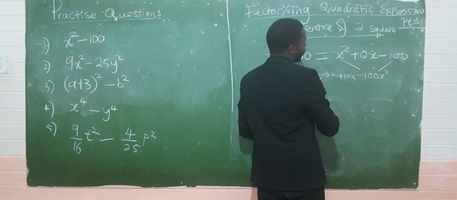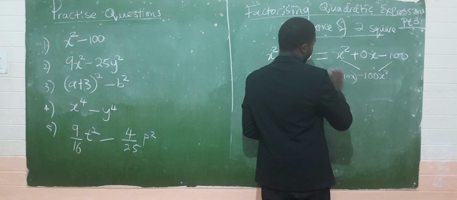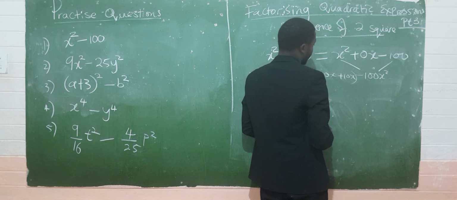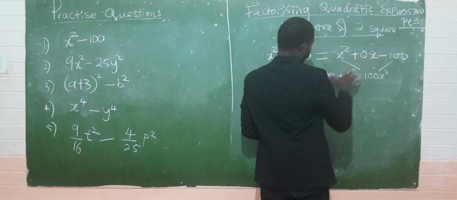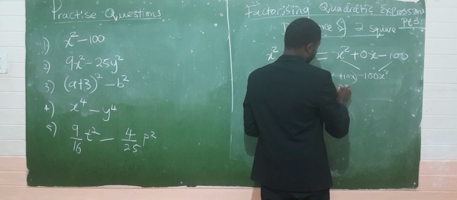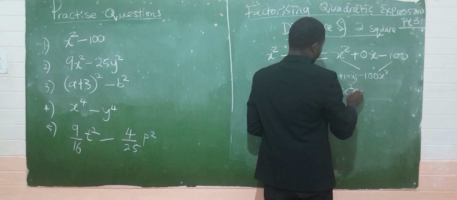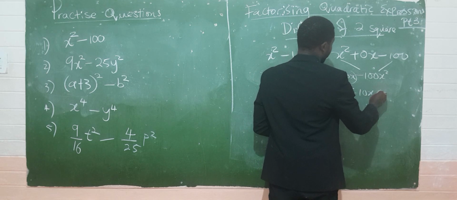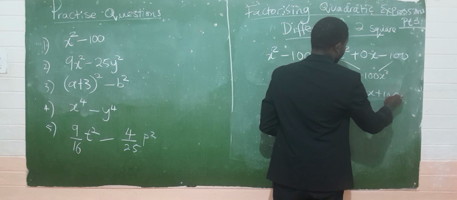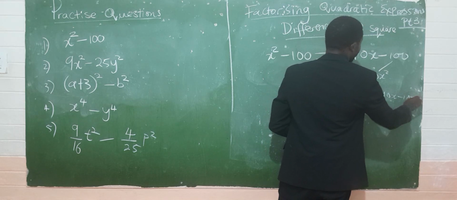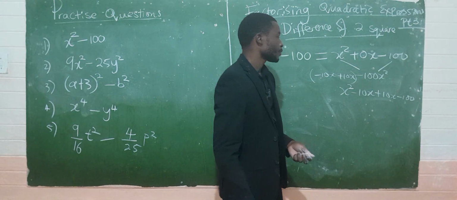These definitely do multiply to this, but at the same time they add to that. So instead of writing this, I'll write x squared minus 10x plus 10x minus 100.